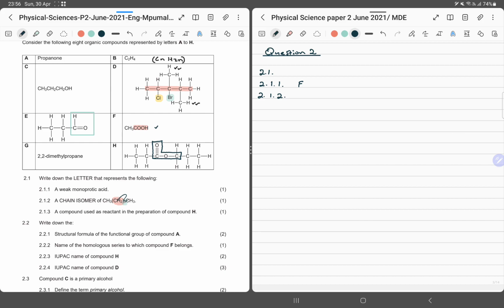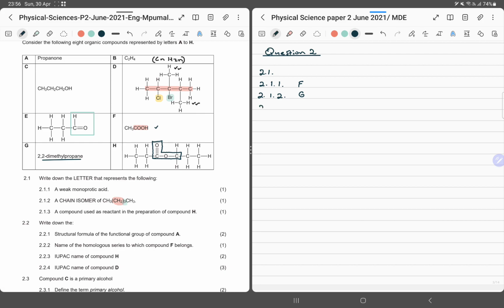If there's 3 carbons here, it's going to be 3 plus 1, 4, 5. So this is pentane. Okay, it has 5 carbons. So this becomes the isomer. Okay, it's a chain isomer because this chain is branched. So you've got 2 methyl groups and a propane. So that makes it a 5 carbon. So that becomes letter G.